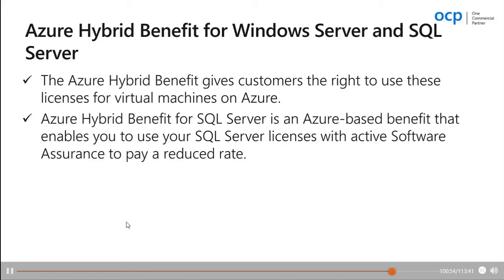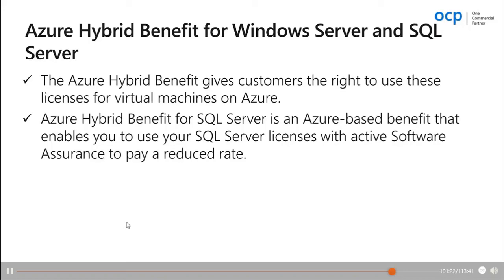Another great way to also save some Azure credits is to use the Azure Hybrid Benefit for Windows Server and SQL Server. This allows customers that have enterprise agreement contracts with Microsoft to move some of the licenses from on-prem to use on Azure.